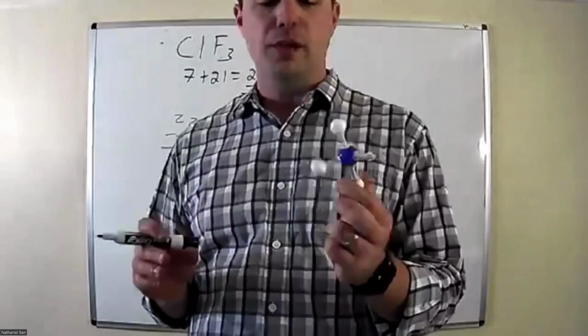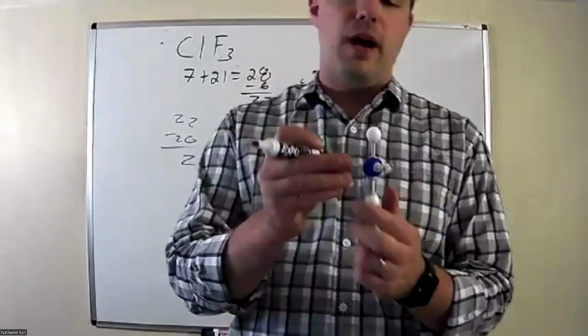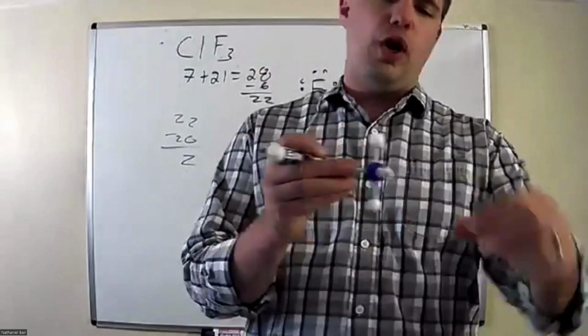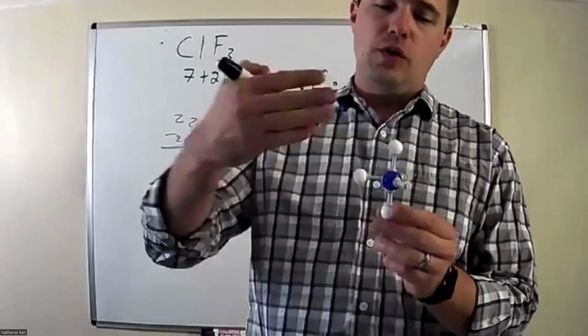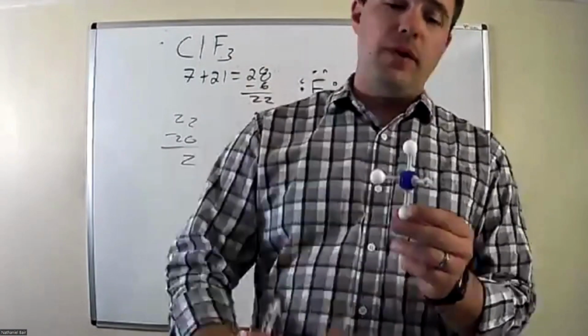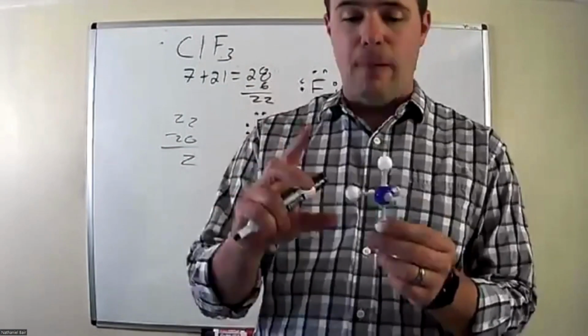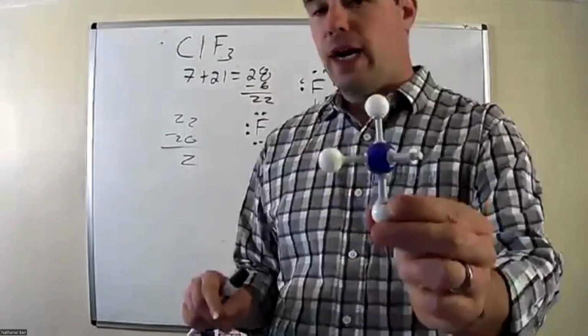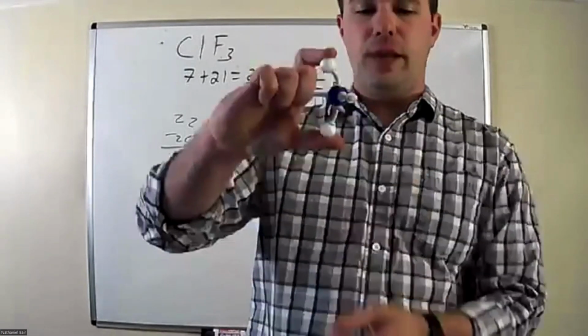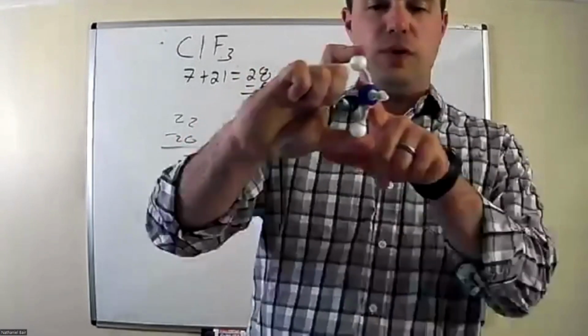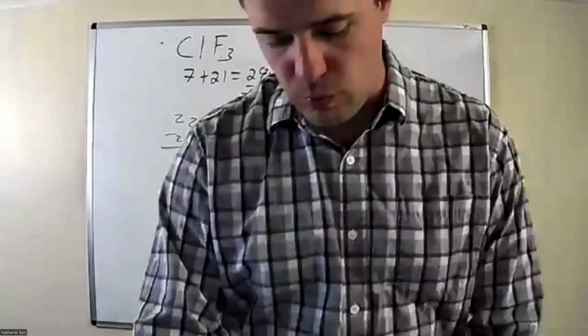And now here's the good news. We can spin this around, and we don't show the wedges and dashes on the lone pairs. So we can have everything be in the plane of the paper. Now, these bond angles are not going to be a pure 90. Those two lone pairs are going to bend everything. So it's going to be less than 90 because of those two lone pairs.